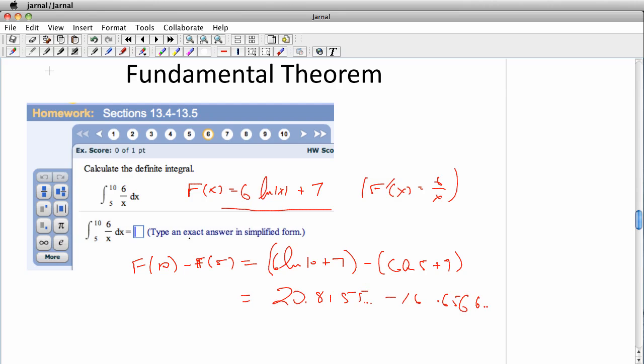So in a lot of these answers, it'll ask you to write the exact correct answer. And to get the exact correct answer, I would just take this and simplify it as much as I can. I have 6 log of 10 plus 7 minus 6 log of 5 plus 7. So this plus 7 is going to be minus for that 7. And so I end up with 6 log 10 minus 6 log 5.